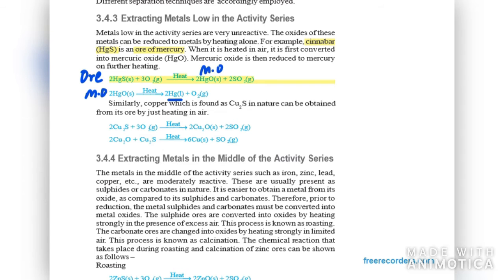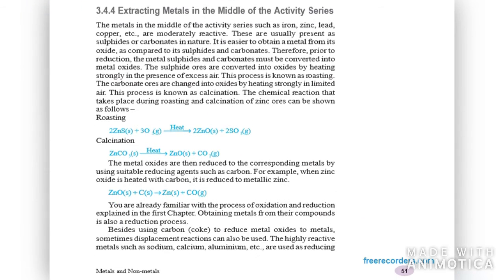Now if you want to extract metals in the middle of the activity series, as I have earlier discussed with you, we get metals in the middle of the reactivity series as a sulfide ore or the carbonate ore. So as you can see, for roasting, one example is given, that is zinc sulfide.